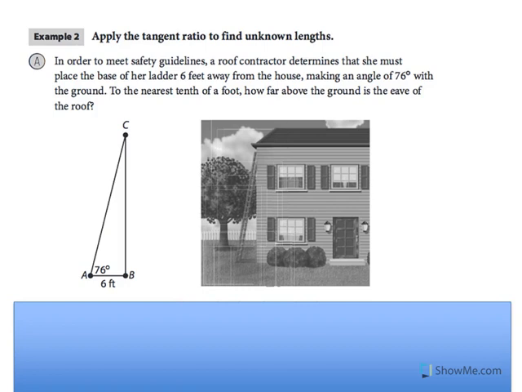To the nearest tenth of a foot, how far above the ground is the eave of the roof? Okay, so here we're looking at angle A, and we're saying that this is 6 feet. So then this is the adjacent, and this is your opposite.